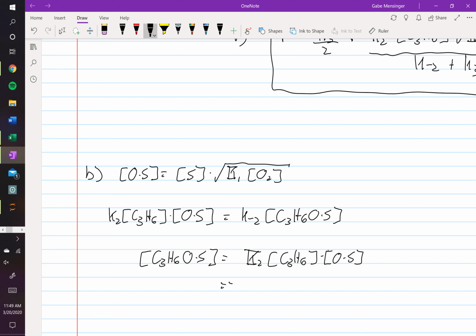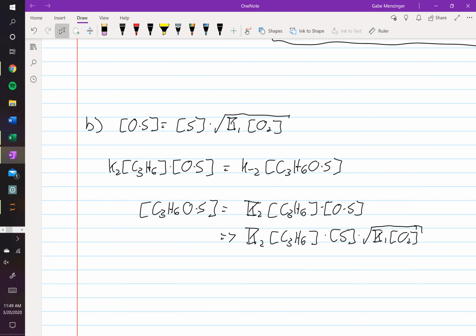And plugging in OS, times S times root of K1 O2. Okay.